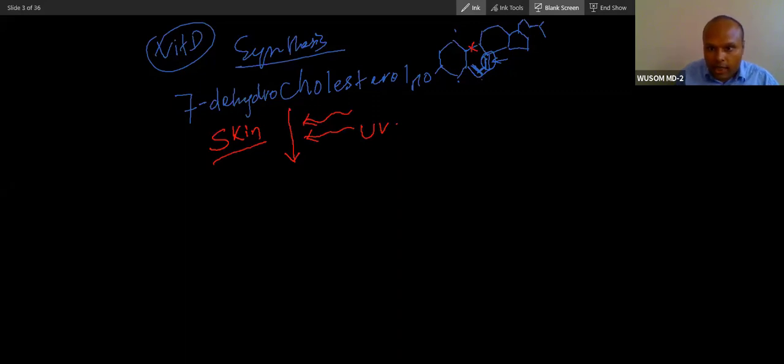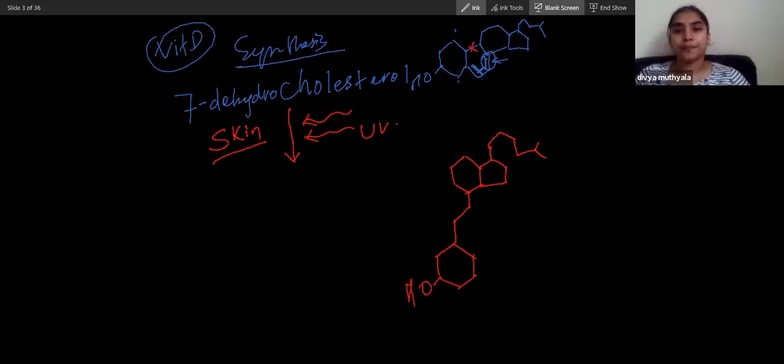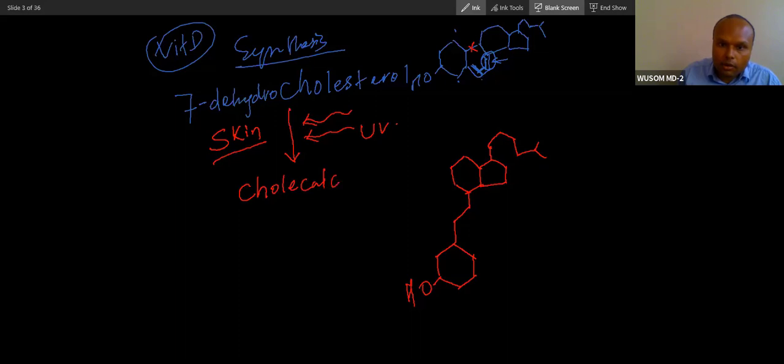This will result in a very different type of molecule. This is cholesterol, and this is a broken type of cholesterol. This bond is broken, and a split molecule will be synthesized. Did you understand this? Yes. So this is cholecalciferol, and that synthesis happens in the skin.